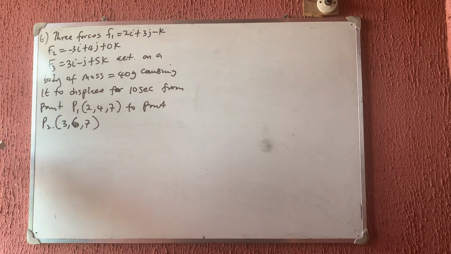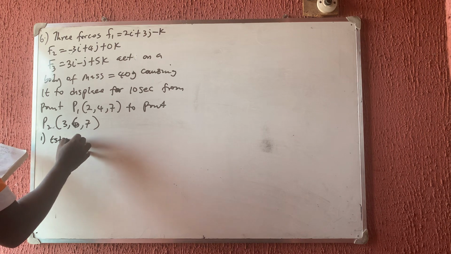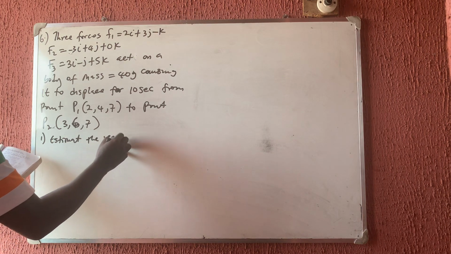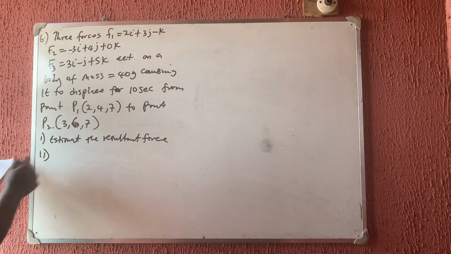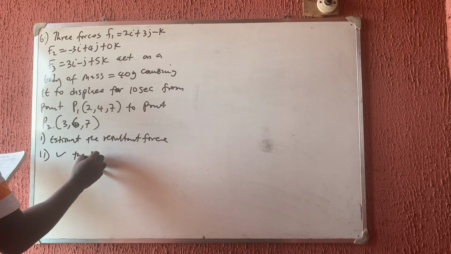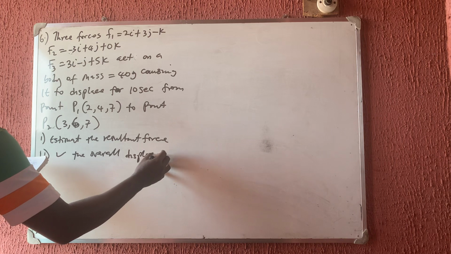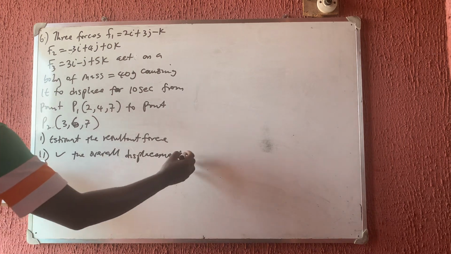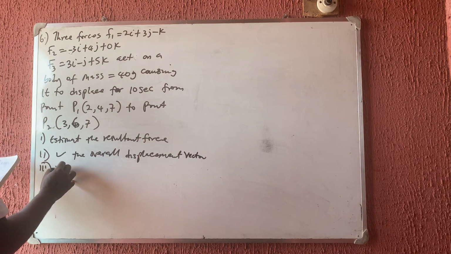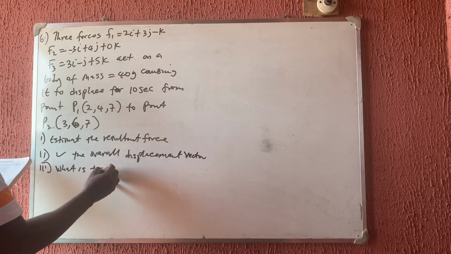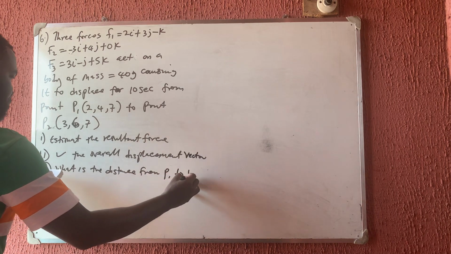Okay. Now, the first question says estimate the resultant force on the body. The second says estimate the overall displacement vector. The third says what is the distance from P1 to P2.